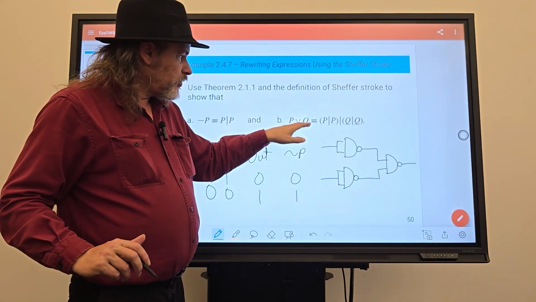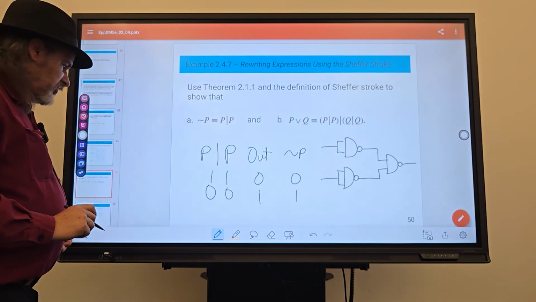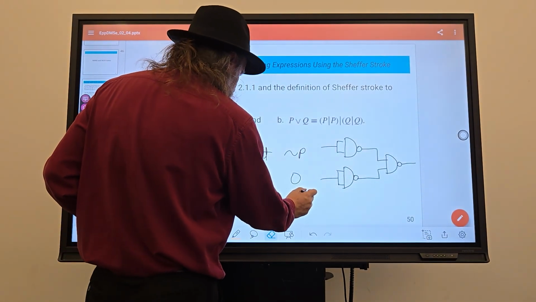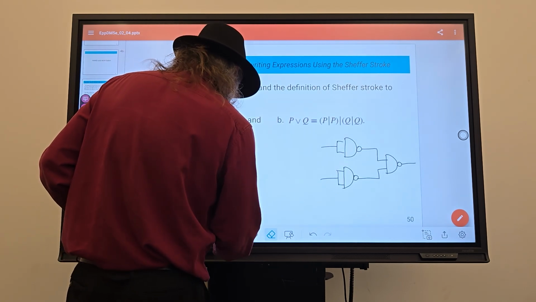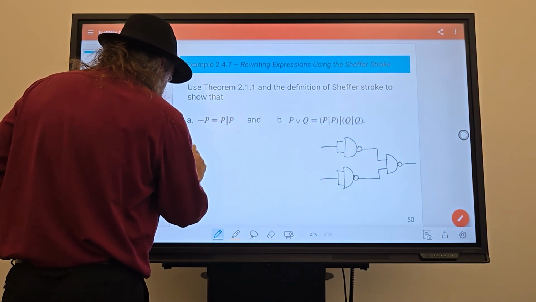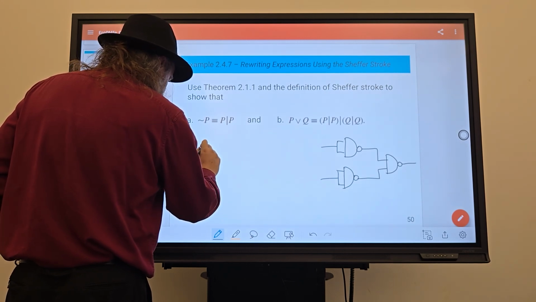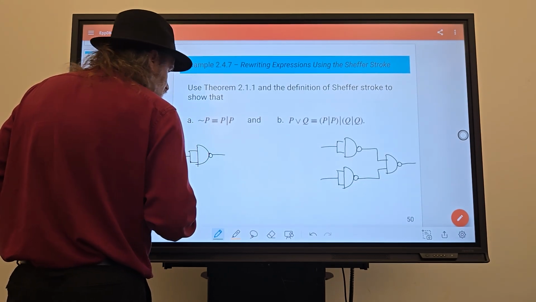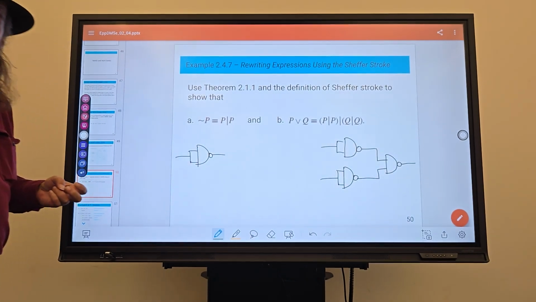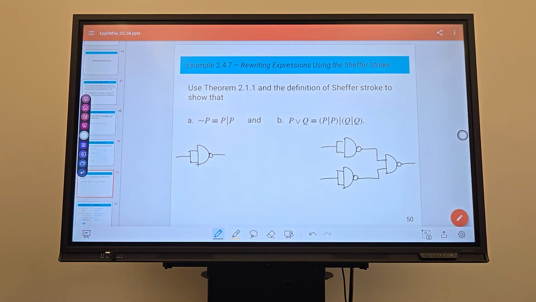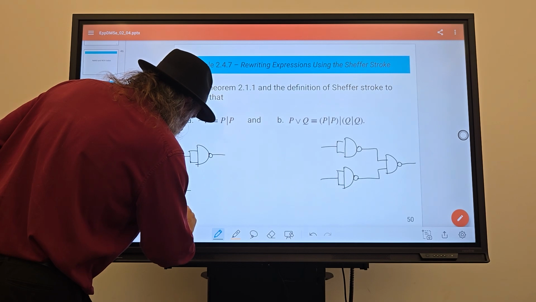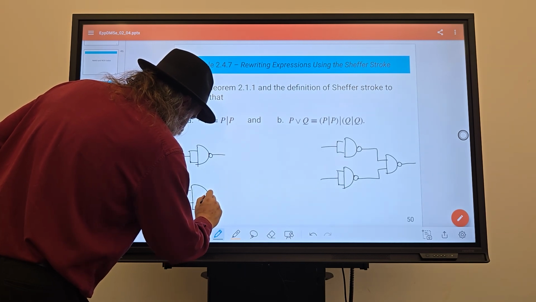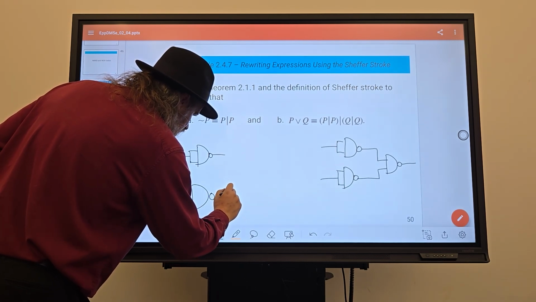And that is the equivalent to an OR gate. So we have an inverter here. And we know that a NAND gate is the same as an AND gate with an inverter on it.